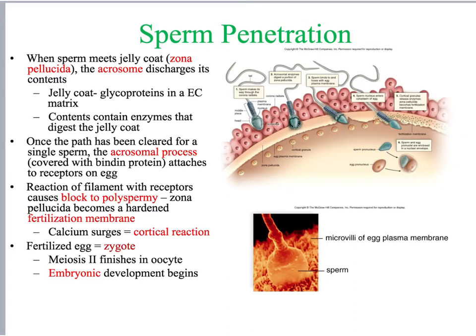All right, so once the path has been cleared for a single sperm, the acrosomal process attaches to receptors on the egg. And the acrosomal process for this lucky sperm is covered with a protein called bindin. When a sperm binds to the oocyte's sperm binding membrane receptors, it triggers the oocyte membrane block.